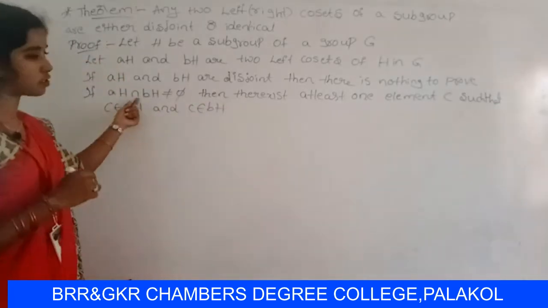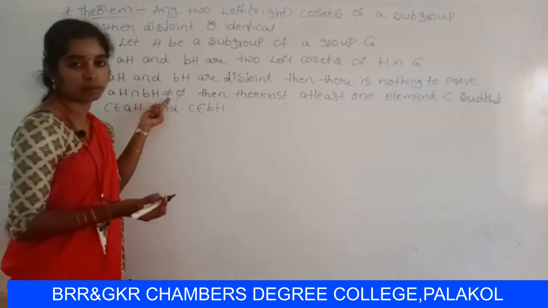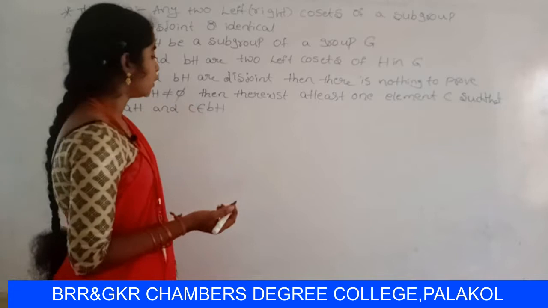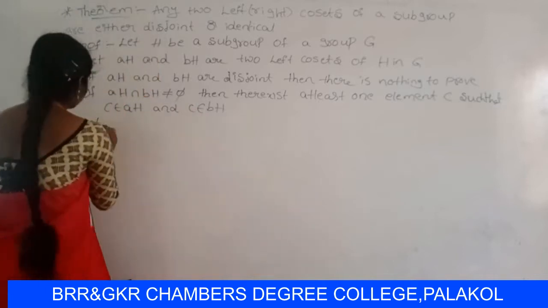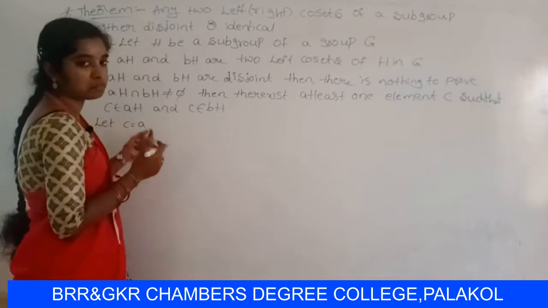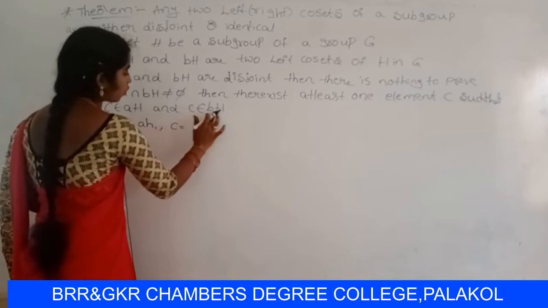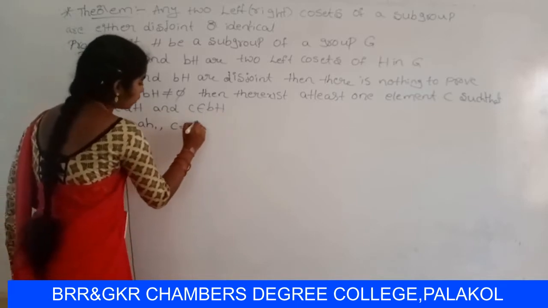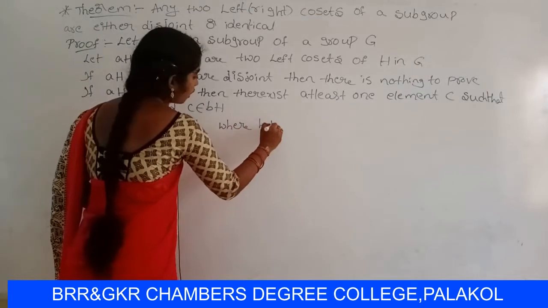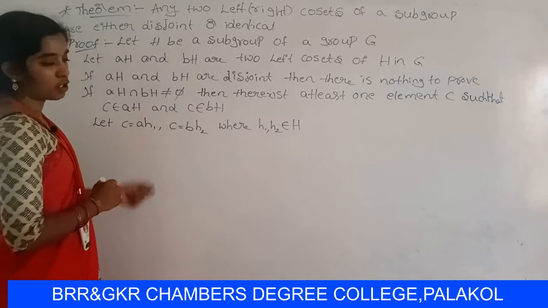So consider C. C belongs to AH can be written as C equal to A H1. C belongs to BH can be written as C equal to B H2, where H1, H2 belong to H.